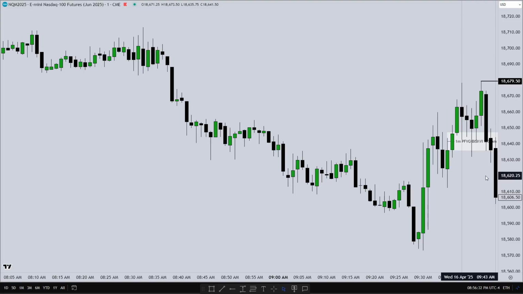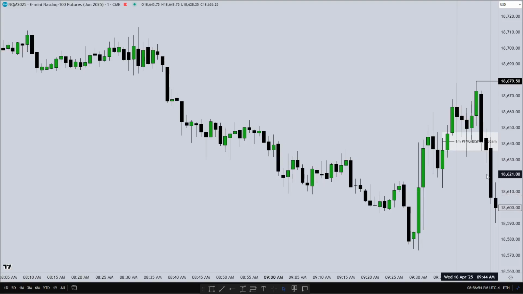Now it disrespects it. That is at 9:45, right? We have a change in the narrative, and we are now treating this as a bearish inversion fair value gap until it gets above.